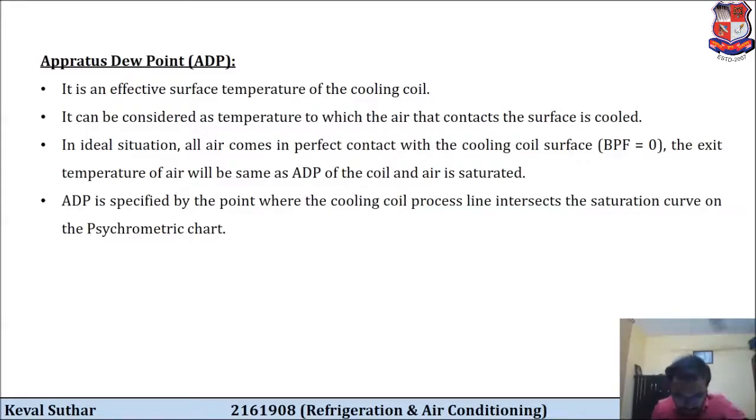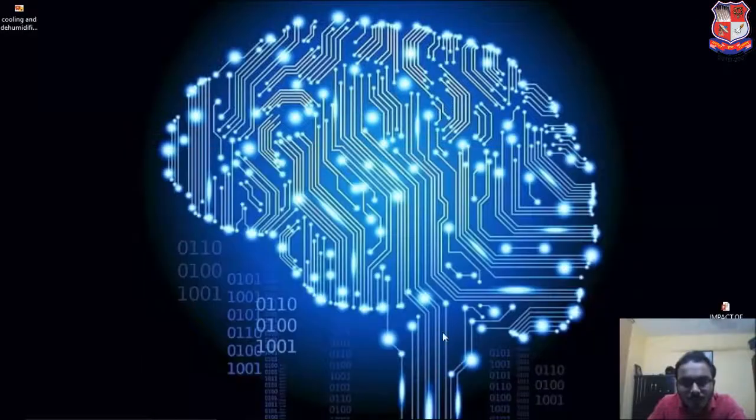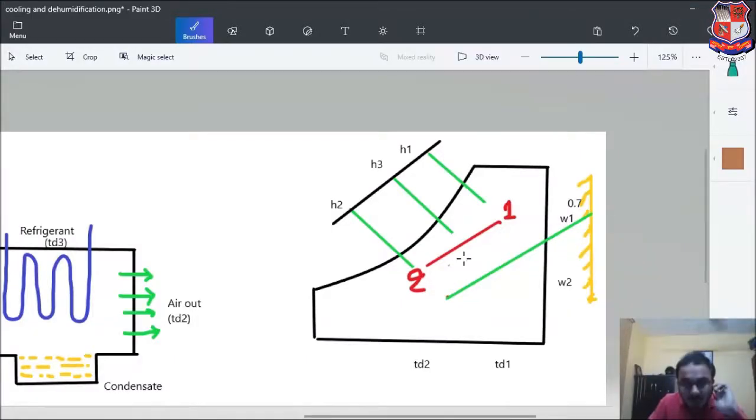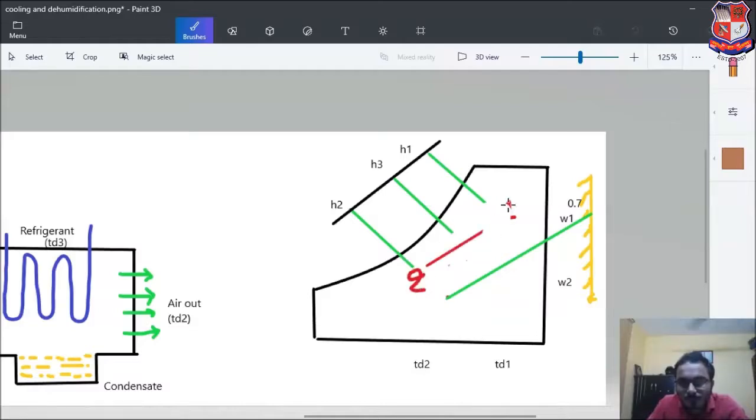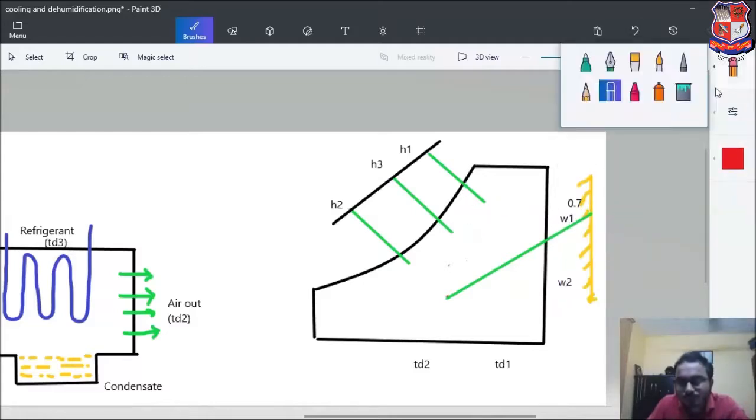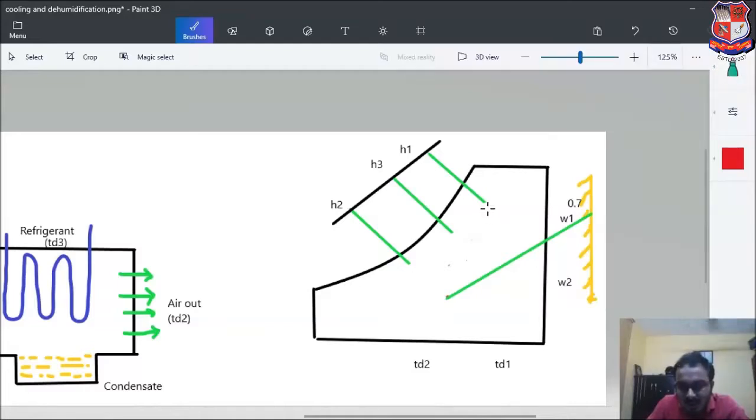So here in this figure, let us say our process is like this, that is, this is point 1 and this is point number 2.